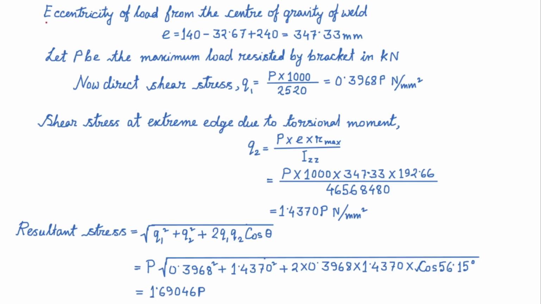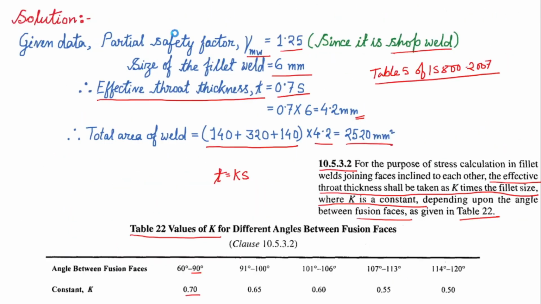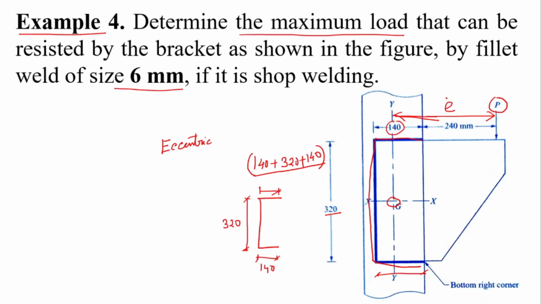Now the eccentricity of the load from the center of gravity of the weld, E, as I told you at the beginning of the question, this is the eccentricity. This x bar we have calculated. So eccentricity E will be 240 plus 140 minus x bar.